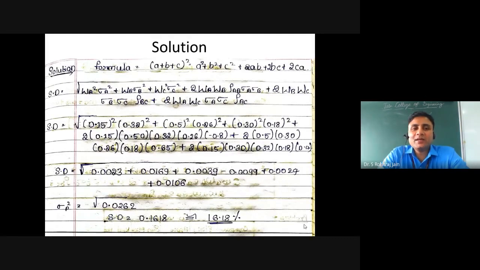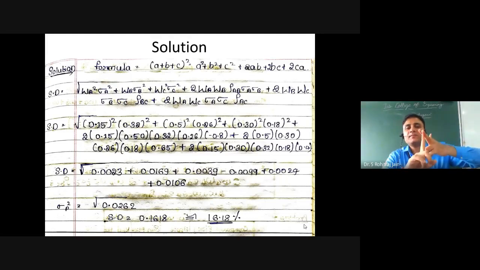So directly I'll be solving using standard deviation equal to the square root of WA square into sigma A square plus WB square into sigma B square plus WC square into sigma C square plus, when I take weight of A and weight of B, the correlation coefficient of AB into standard deviation of A into standard deviation of B. So first I solve AB, then BC, then AC.